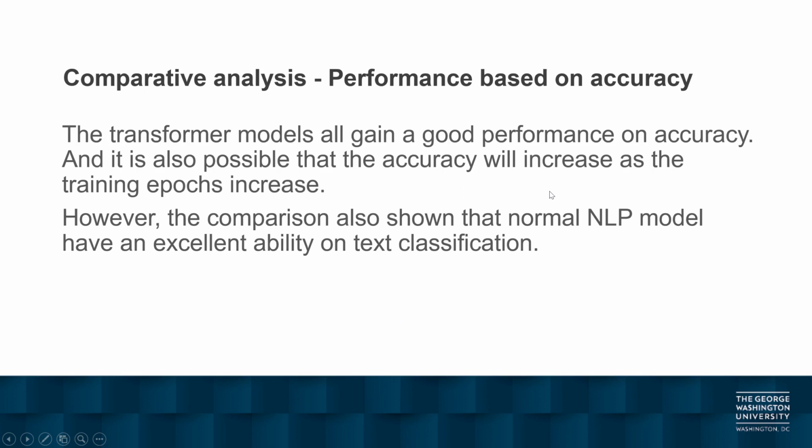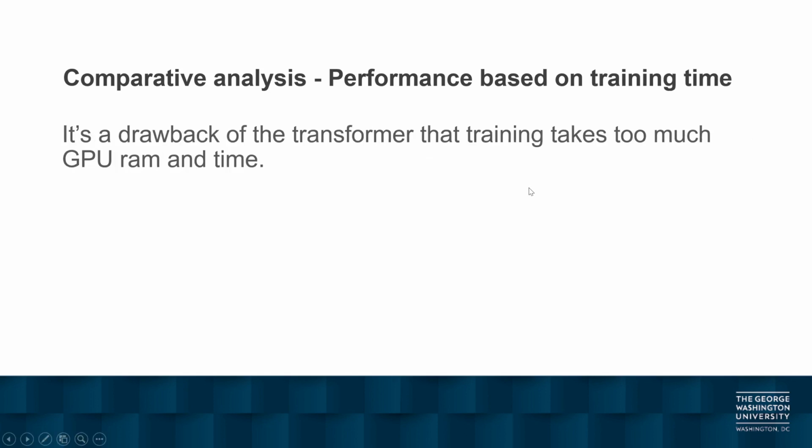So about the analysis, based on the accuracy, the transformer models have a good performance on accuracy. And I believe it's also possible that the accuracy will increase if I train it in a larger epoch. However, it's also shown that the classic NLP models have an excellent ability on classification tasks.